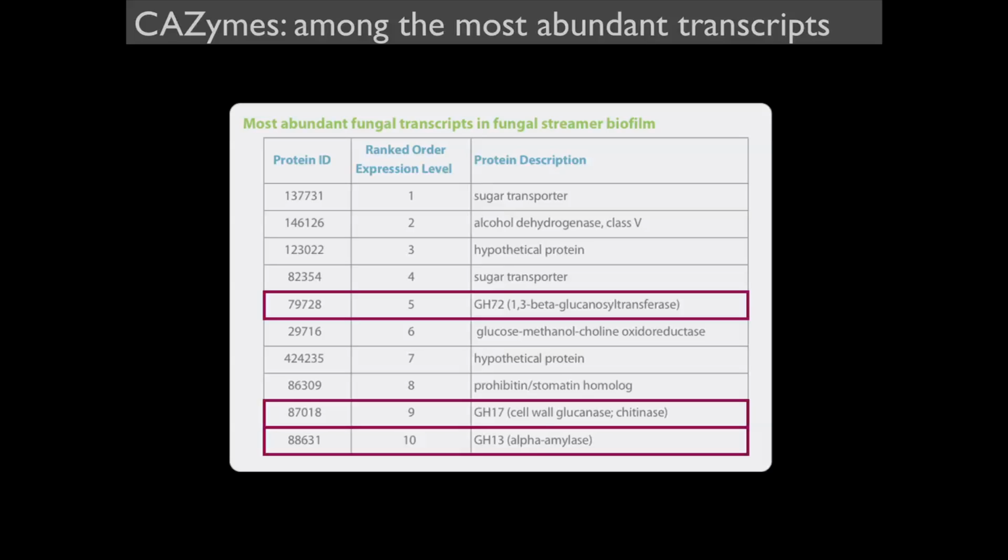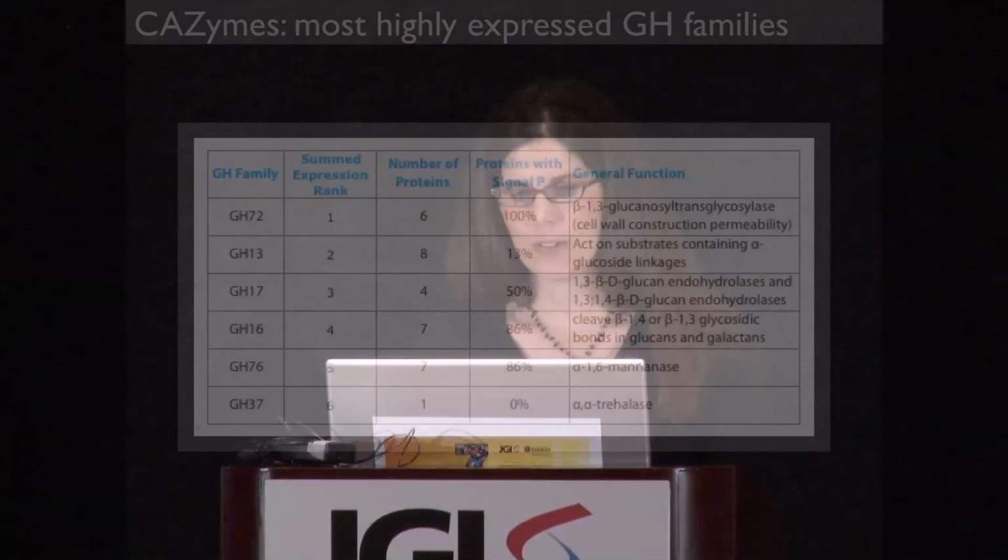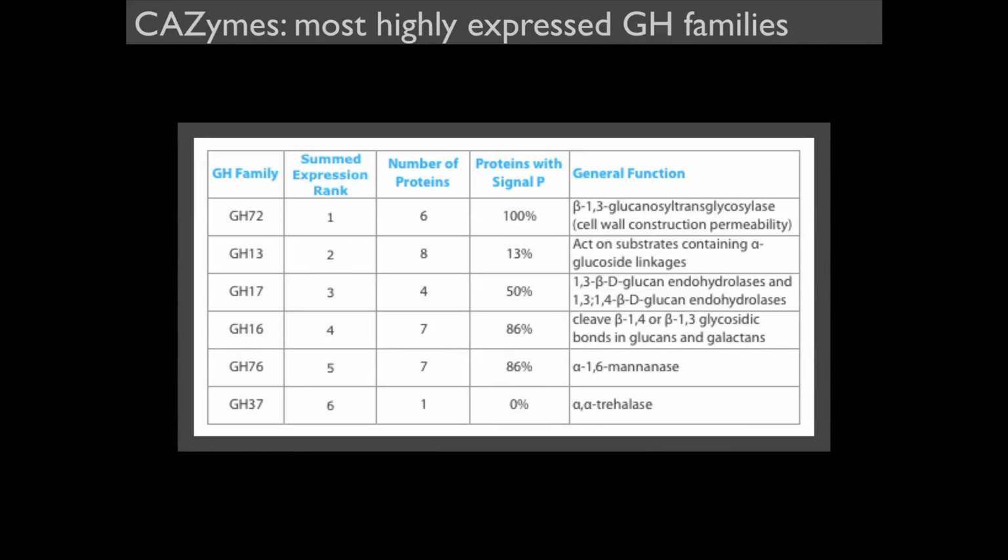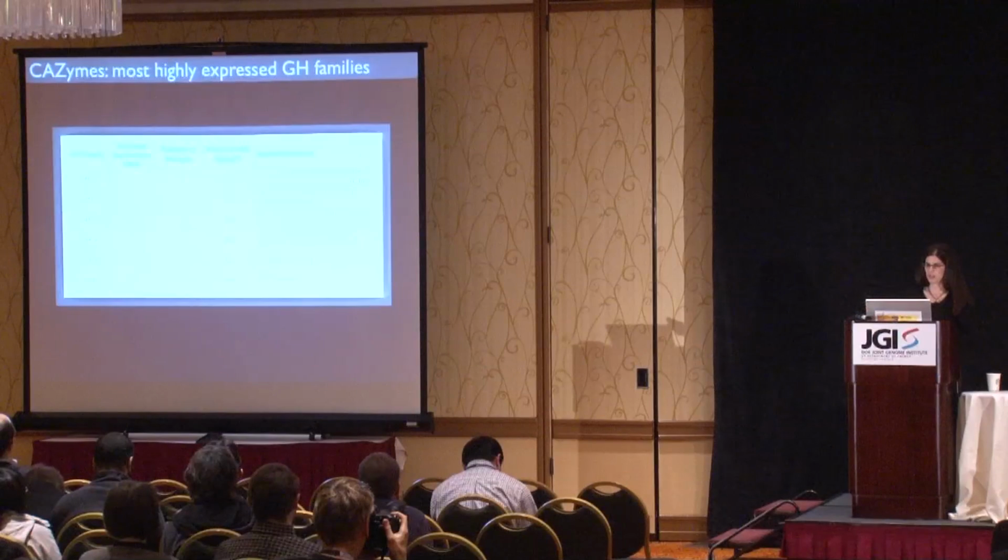We looked at the data in a slightly different way. Again, this is transcriptomic data, by narrowing our search to the GH families in particular. We did a summed expression rank as well as an average expression rank for each of these GH families that we find. And these were the most consistently the most highly expressed GH families. You can see I've identified just the general function of each of these GH families.